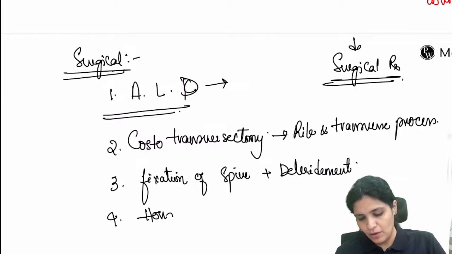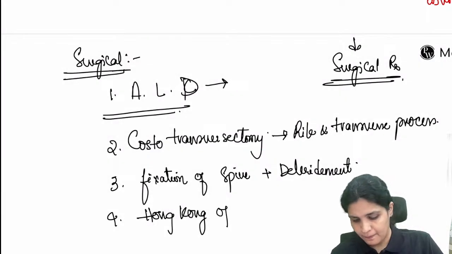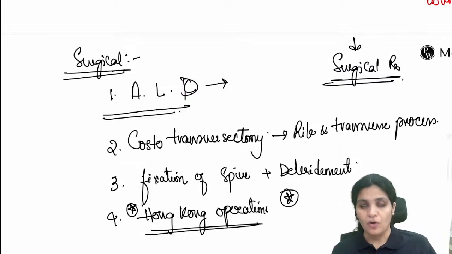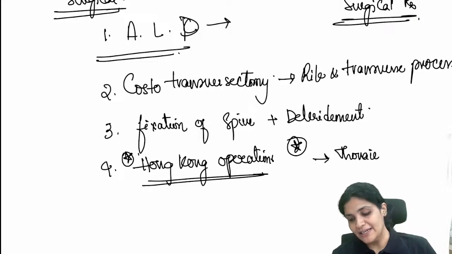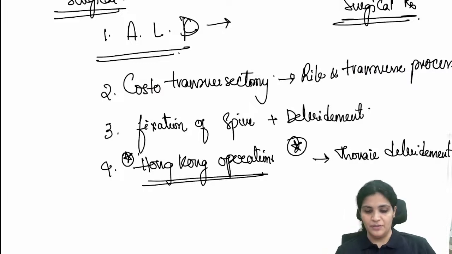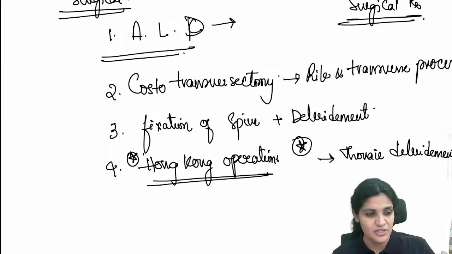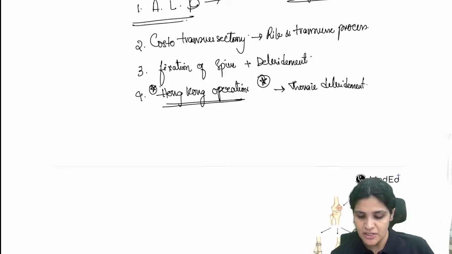And there is one more called the Hong Kong operation, which is a lengthy procedure, right? Just remember that in the Hong Kong operation there is a thoracic debridement, so the complete thoracic cage is opened. Sometimes you can go for fixation of the spine and debridement, costotransversectomy, lateral decompression. These are all the surgical procedures used for tuberculosis of the spine, right?